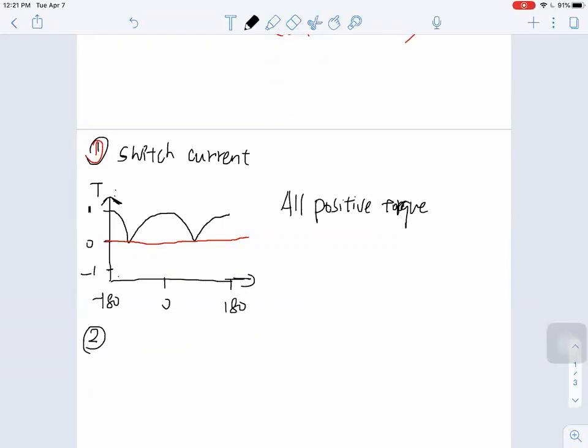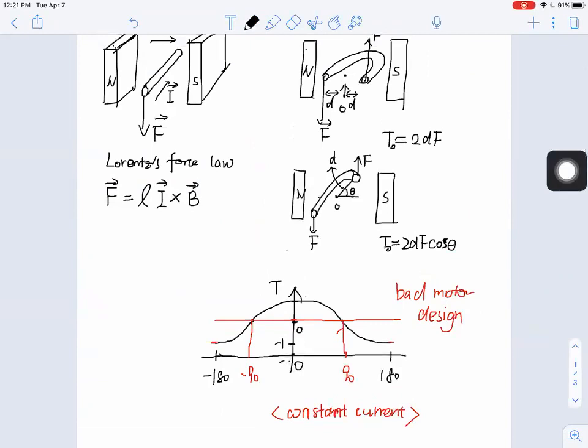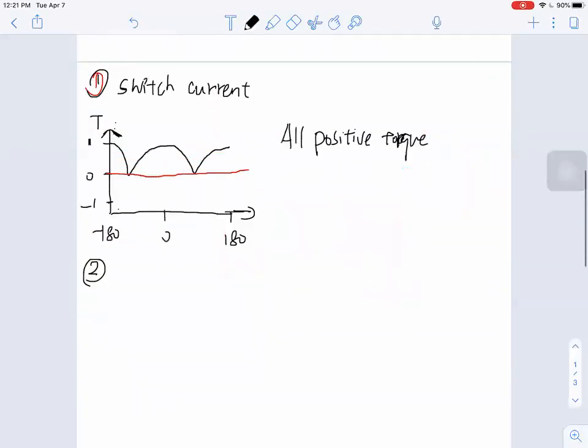In this case we only have one loop, one metal wire loop. If we add more, let's say we add 3 loops and set them 120 degrees apart from each other.